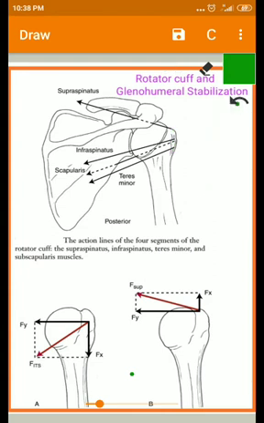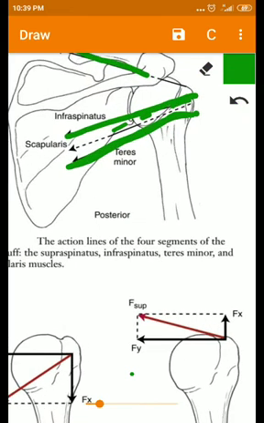Okay, so here they have given the action lines of all these 4 segments of the rotator cuff. This is the supraspinatus action line, and then the infraspinatus from the middle impression, and from the lower impression the teres minor, whereas the subscapularis on the anterior aspect is present in between these 2 action lines, shown as the dotted line.